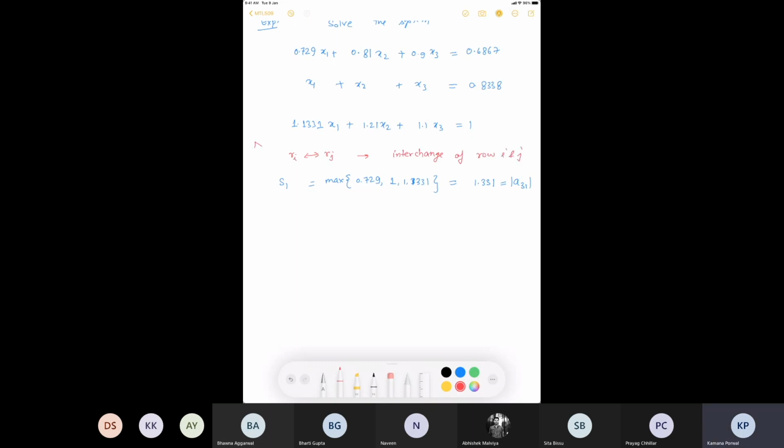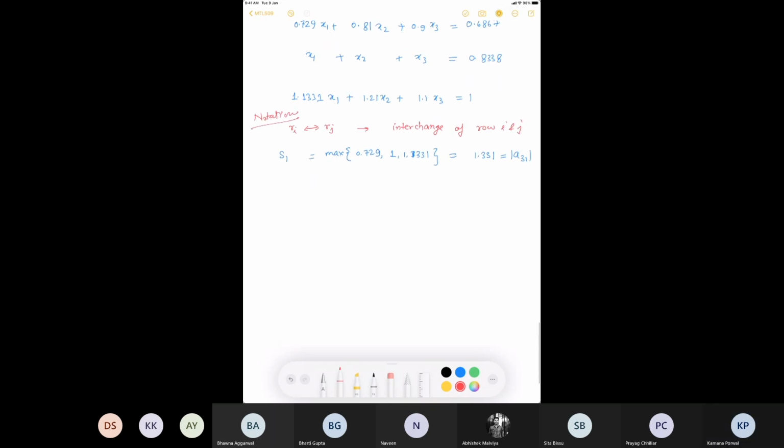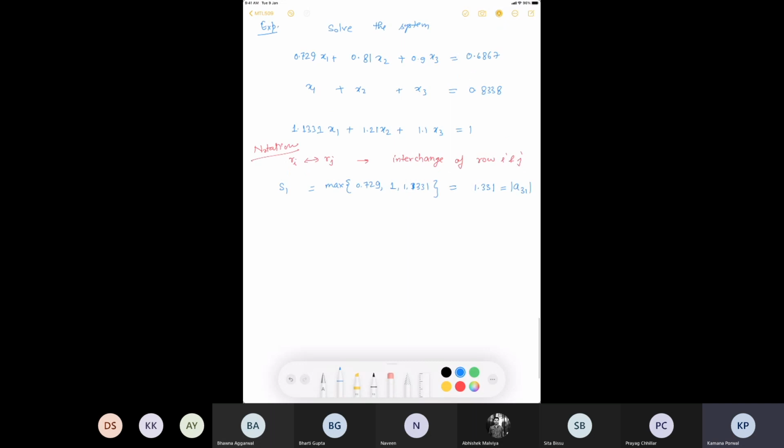This is just a notation I'll be using. We can see that the maximum is occurring at the third equation, so I'll be exchanging the first equation with the third equation.